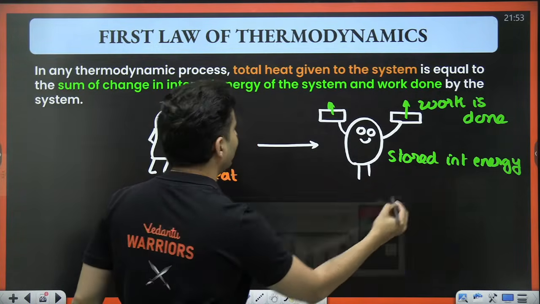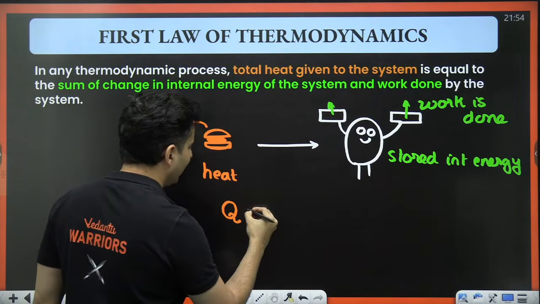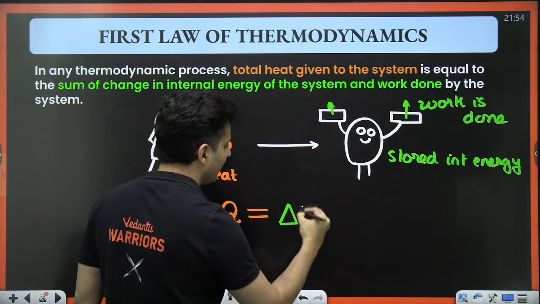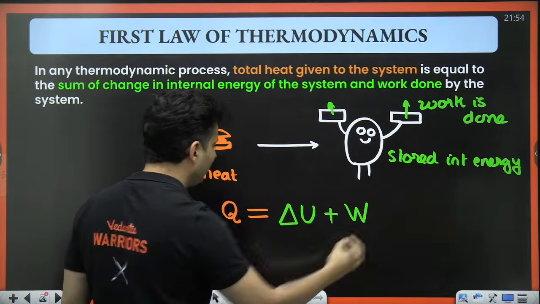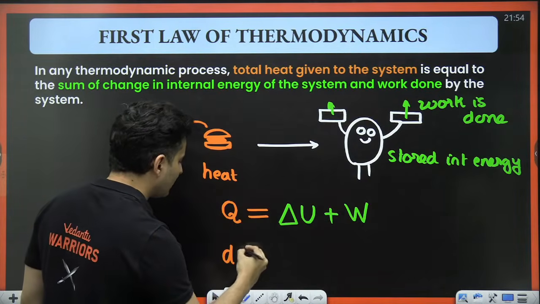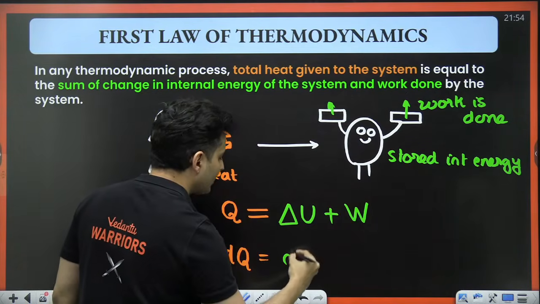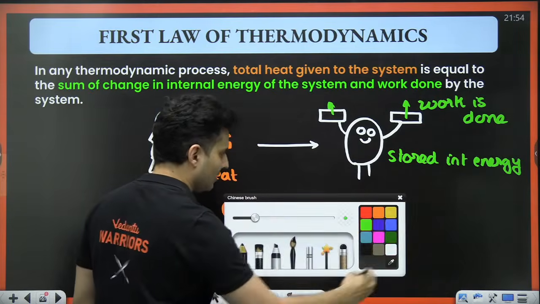So in formula terms, the heat supplied will be equal to the change in the internal energy plus the work done. In differential form, you will write a small heat given equals a small change in the internal energy plus the small work done. This is also okay.